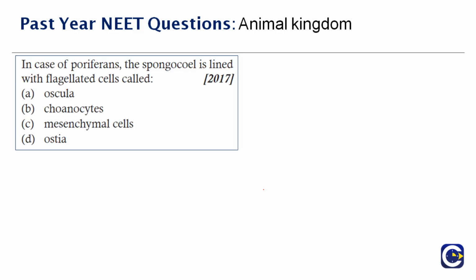Next question here. In case of poriferans, the spongocoel is lined with flagellated cells called dash. So here you're given 4 options. So first, what do you mean by porifera or poriferans? When we talk about poriferans, they are nothing but the sponges.